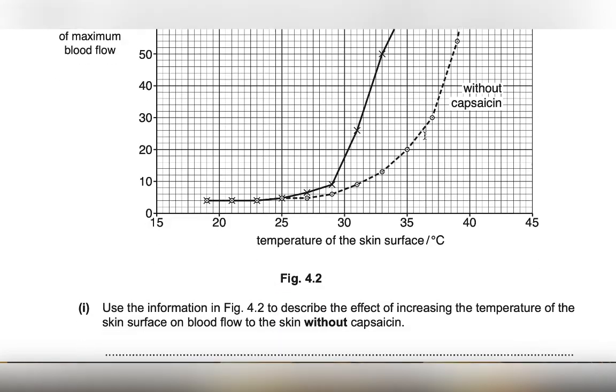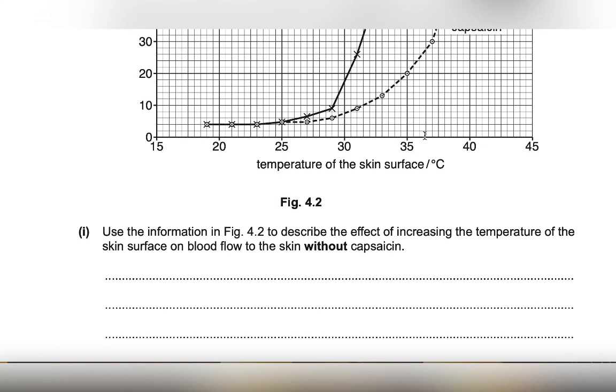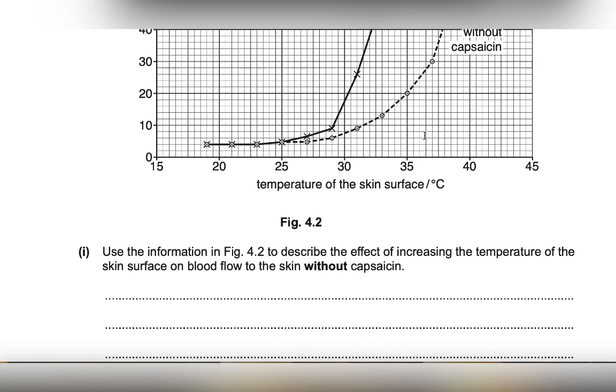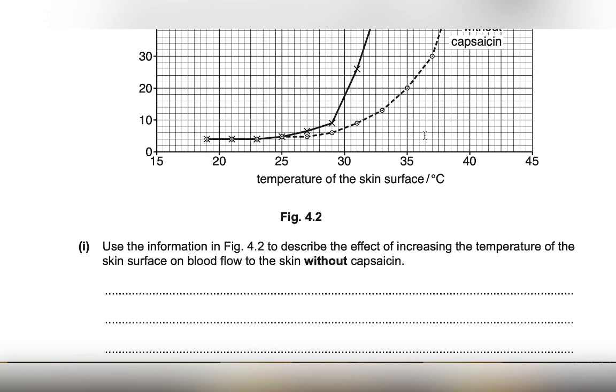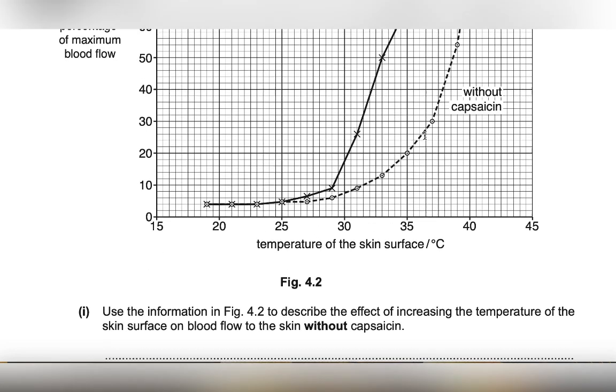Now let's see the question. Use the information in figure 4.2 to describe the effect of increasing the temperature of the skin surface on blood flow to the skin without capsaicin.